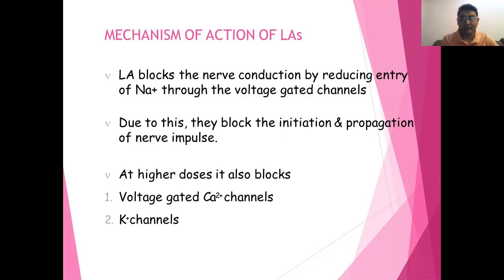At higher doses, they also block voltage gated calcium channels and potassium channels. So when you inject or apply local anesthetics at a high dose, they block the calcium channels and the potassium channels in the cell membrane of neurons as well.